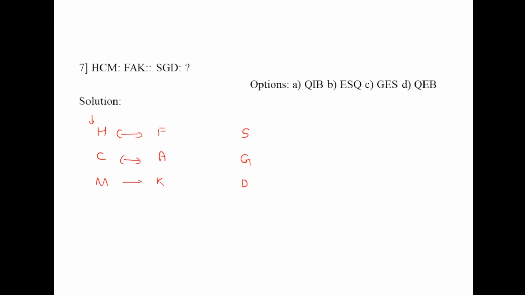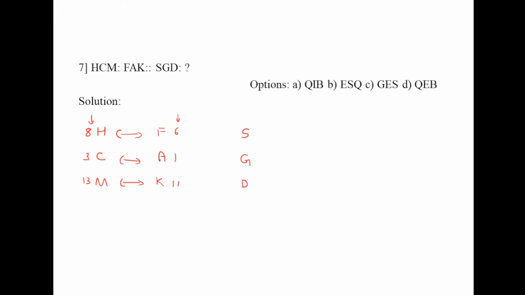Question number 7. What is the first thing you have to do? Write it column-wise, H, C, M and F, A, K, and find the relation between these. Identify the relation between H and F, C and A, M and K. On the left side I will write H as 8th position, C 3rd, M 13th, F is 6th, A is 1st and K is 11.